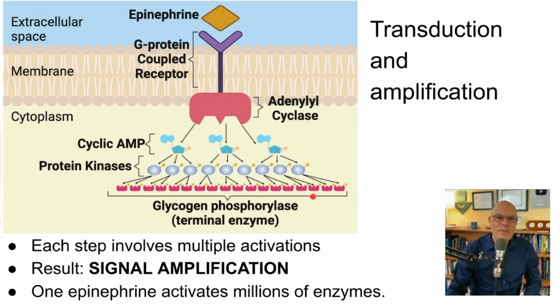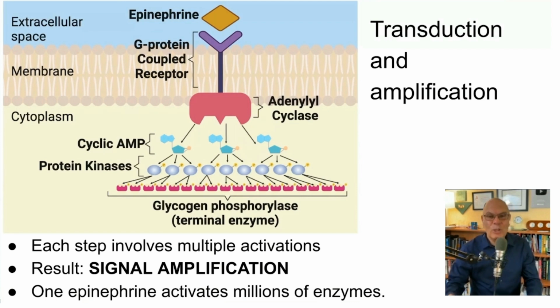We've amplified the system. And the way to think about this is that your liver cells are ready to do this. They're ready to take their glycogen and instantly release it into the bloodstream so that it can support the body in the fight or flight response. But they don't do it until the signal comes in. Once the signal comes in, those enzymes spring into action.